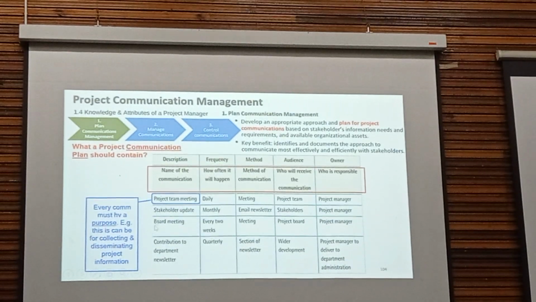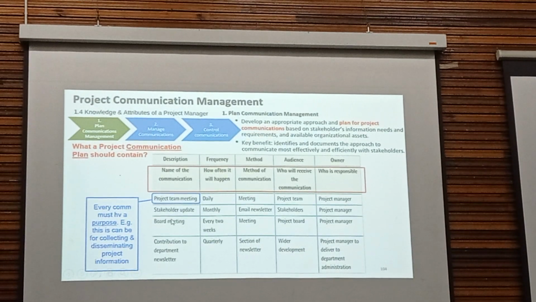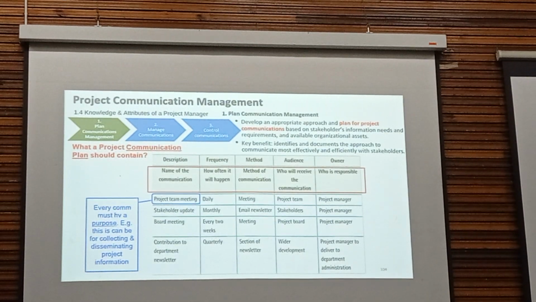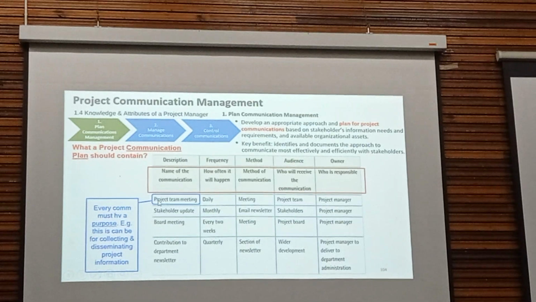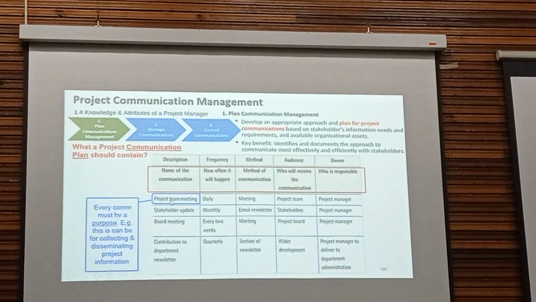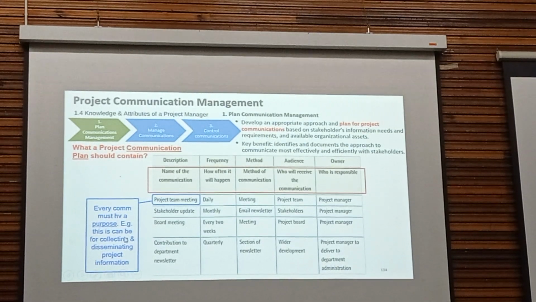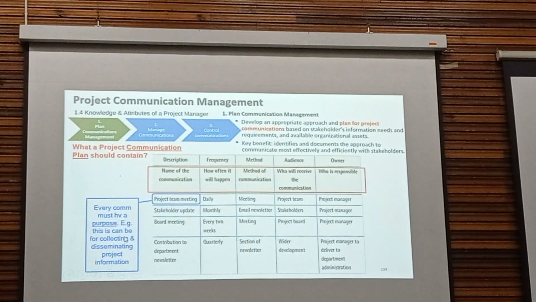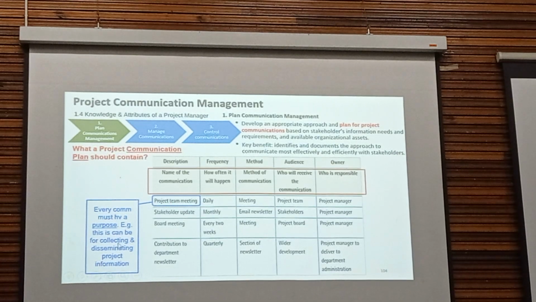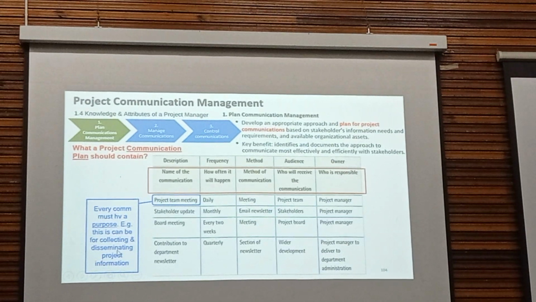So these are examples of communication. The first column is the examples of communication. Every communication must have a purpose. For example, the project team meeting. The purpose of this project team meeting can be collecting and disseminating project information.